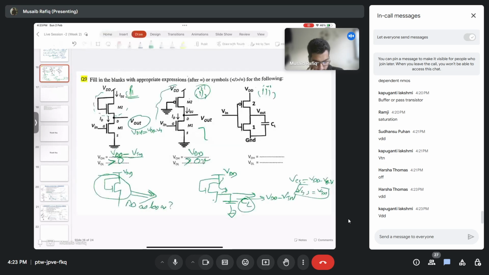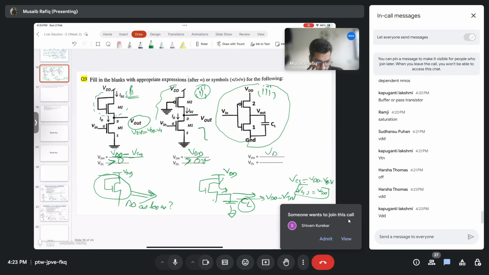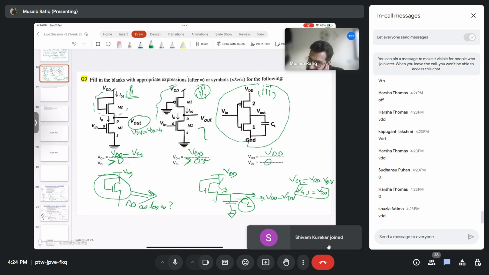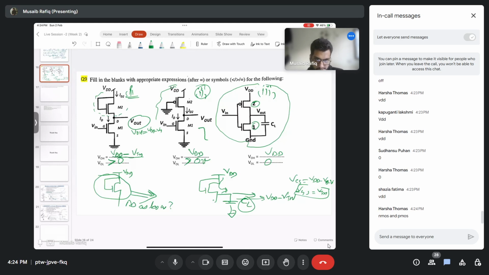Now this part, I think all of you will guess correctly. What is VOH? What is VOL for this? Yes. And what do 1 and 2 signify here? No, no, 1 and 2.